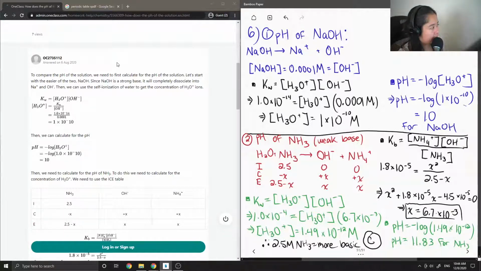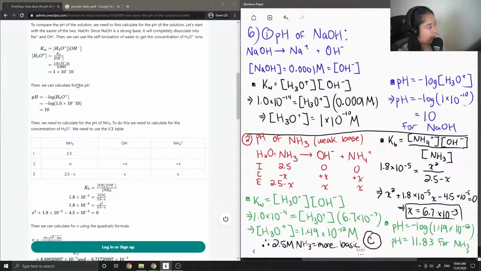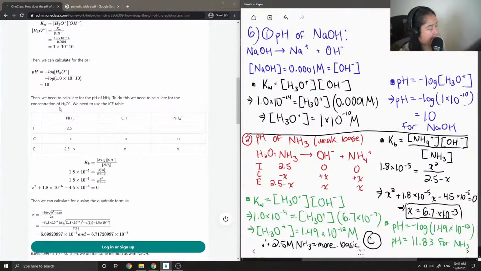So Kw is equal to the concentration of H3O plus times the concentration of OH minus. So they got 1 times 10 to the negative 10, and they got a pH of 10. Then we need to calculate the pH of NH3. To do this, we need to calculate the concentration of H3O plus, and we need to use the ice table.